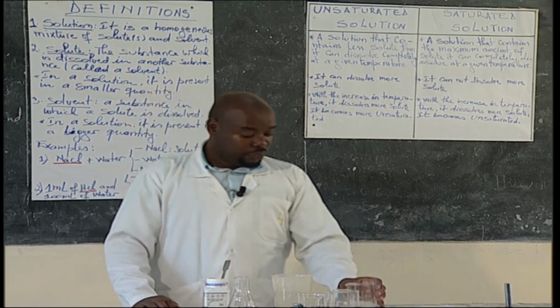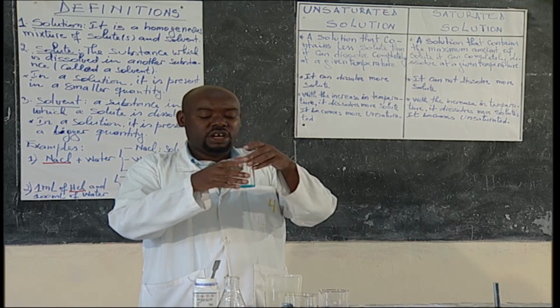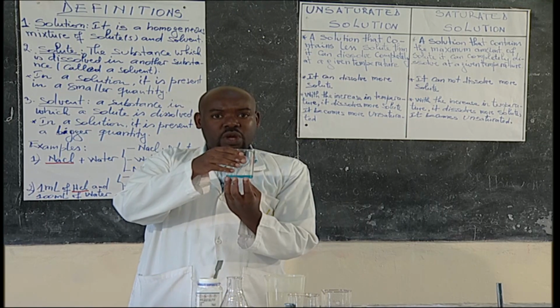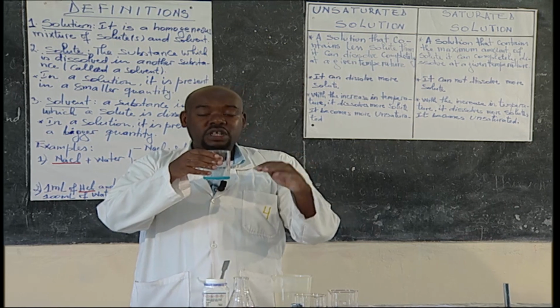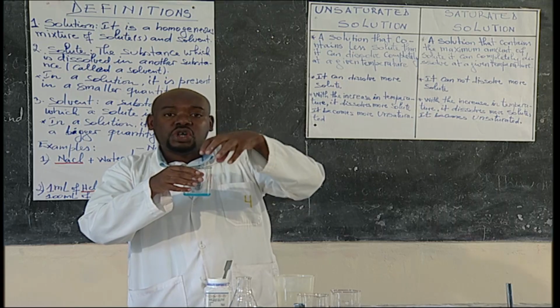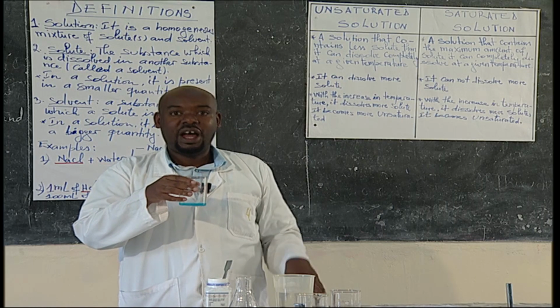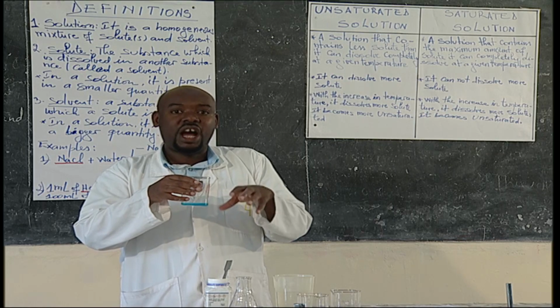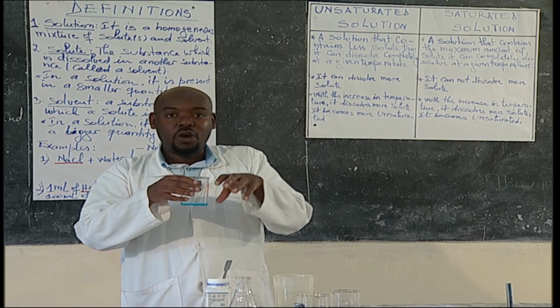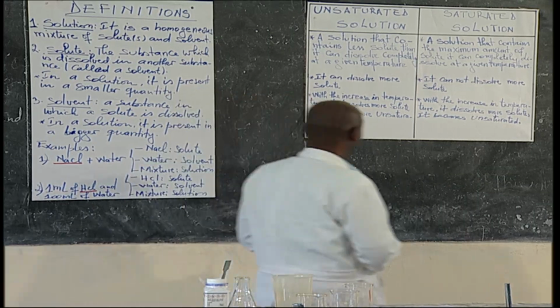So if we continue adding more and more copper sulfate in this solution, at a given point, this solution will no longer be able to dissolve more copper sulfate. And that solution, which cannot dissolve more solute, we call a saturated solution.